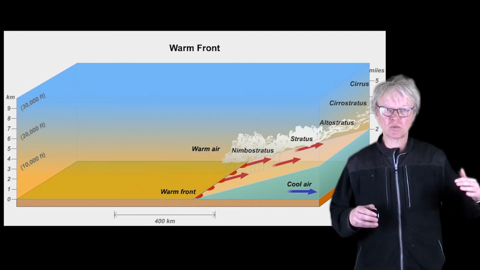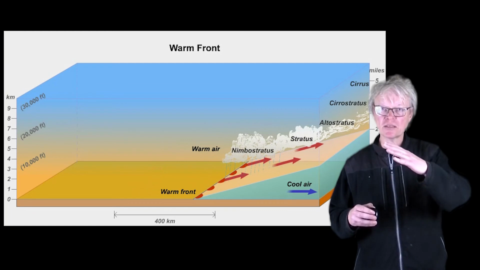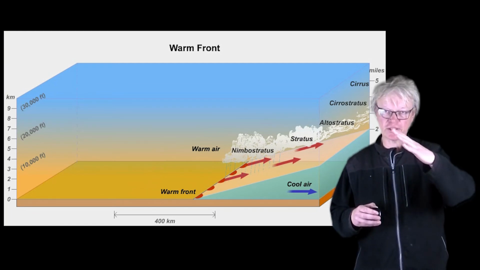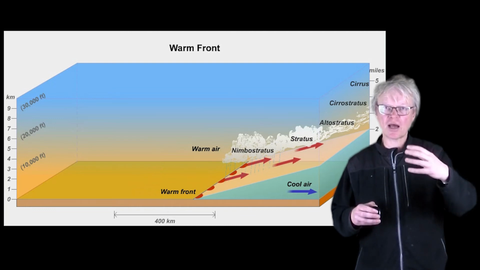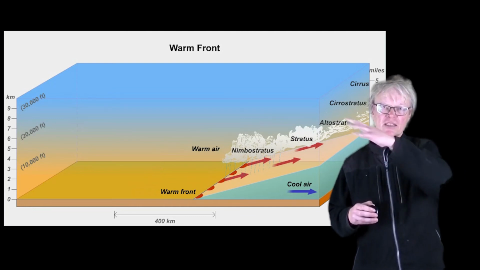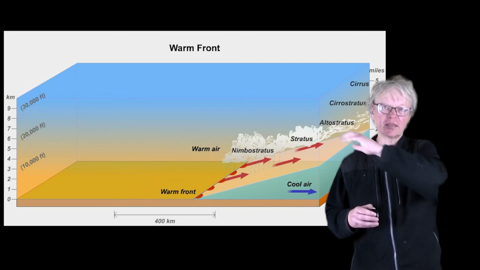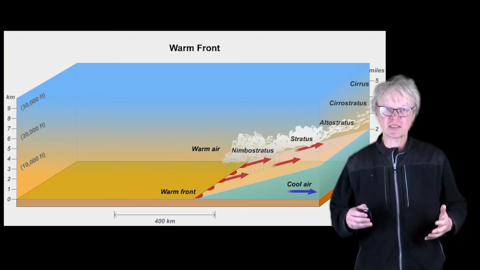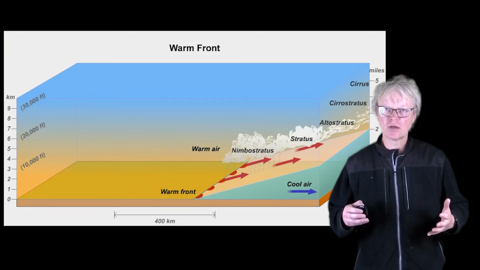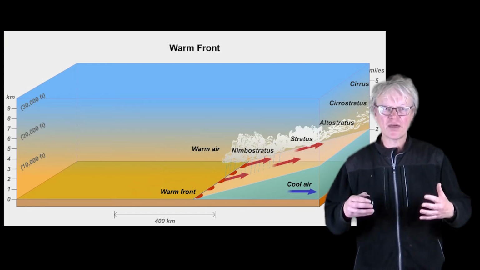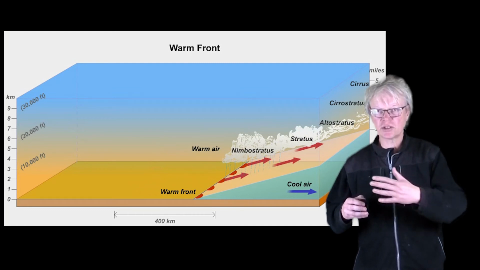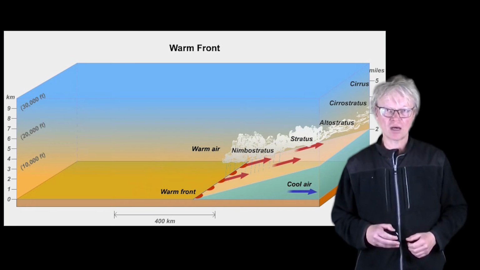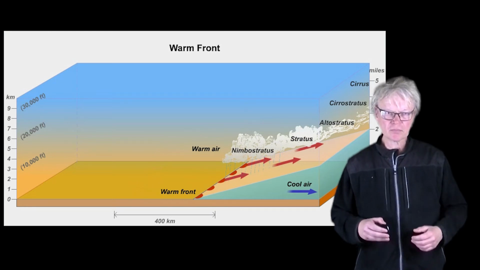So as the warm air rises, depending on how much moisture is in it, it'll reach its dew point, and the clouds will slowly develop as that air starts to rise and move up over that cold air. So you'll generally start with nimbostratus clouds, and then they will change depending on where you are in the front up to the cirrus clouds in the highest part of the atmosphere.